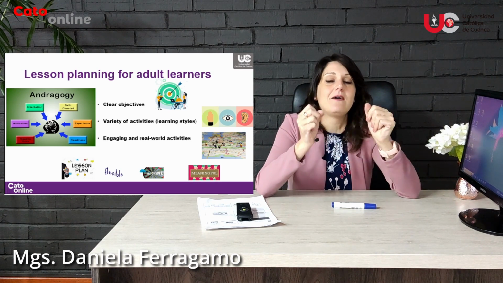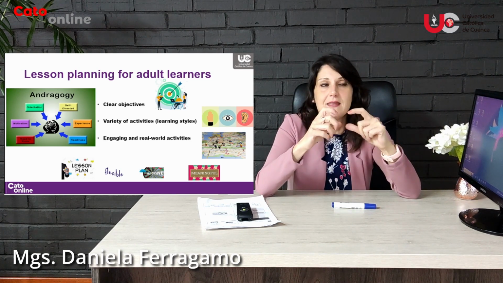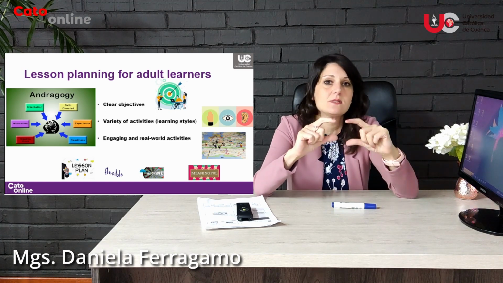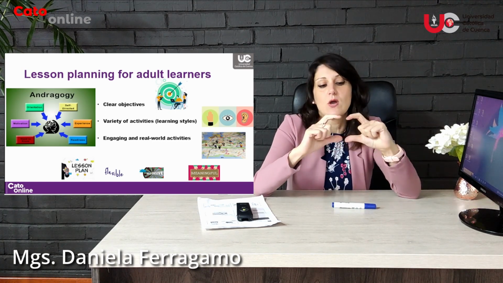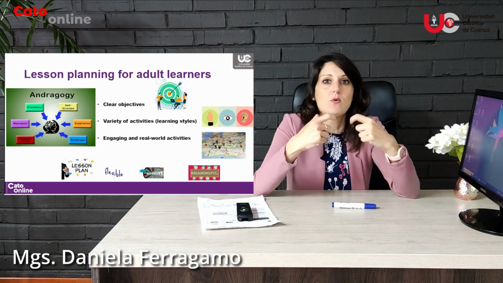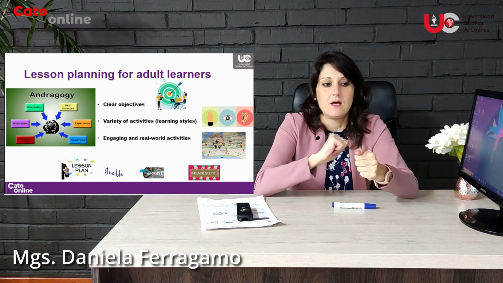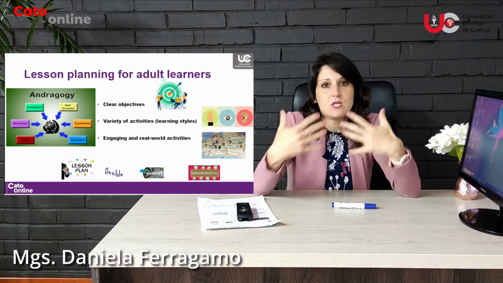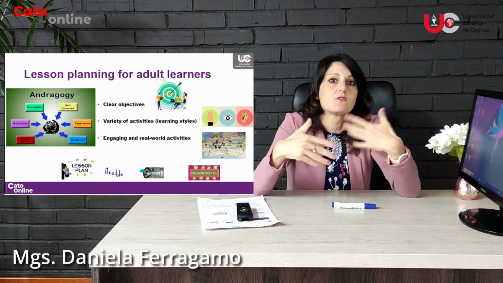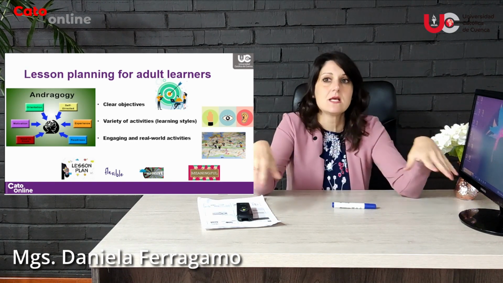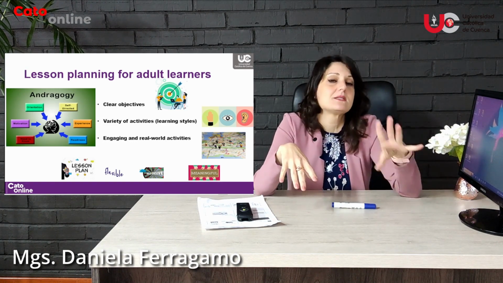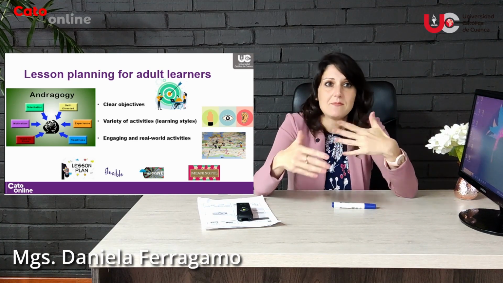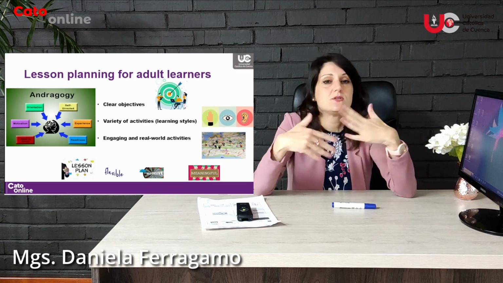And also we have to consider that one of the main words, one of the key words when we teach adults is relevance. So we always have to consider that what we do, what we teach, has a real connection with the real world. So it's something they may use in their daily life. So try to focus on engaging in real world activities. So just to summarize, we can say that a lesson plan for adults must be flexible in order to adapt to our students' needs.